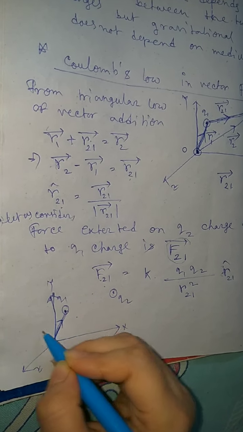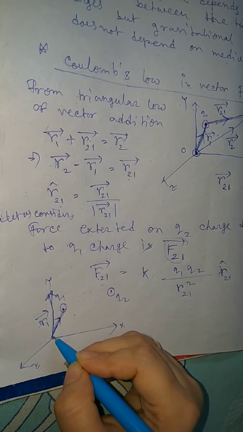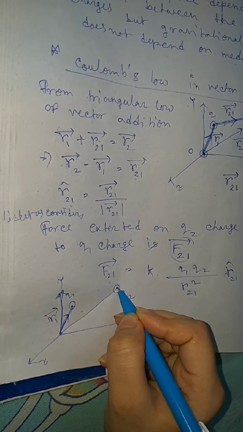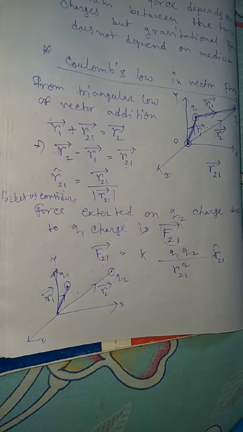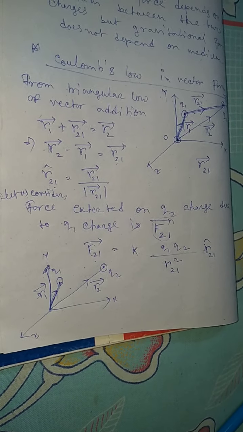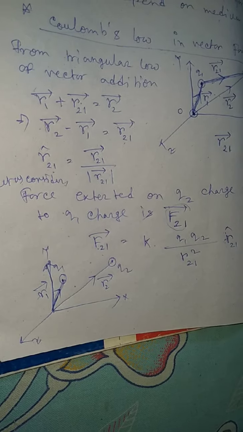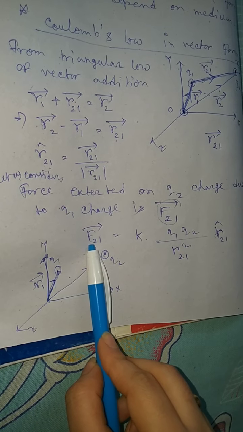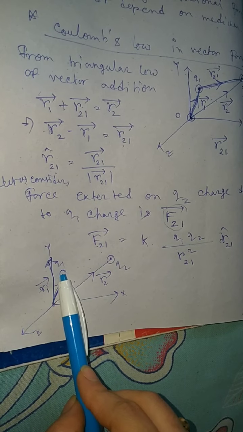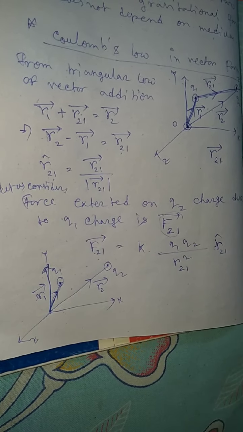This one is R1 vector, and this one is R2 vector. Now I am going to find force on Q1 charge. This one is the force exerted on Q2 charge. Now I am going to find force exerted on Q1 charge.